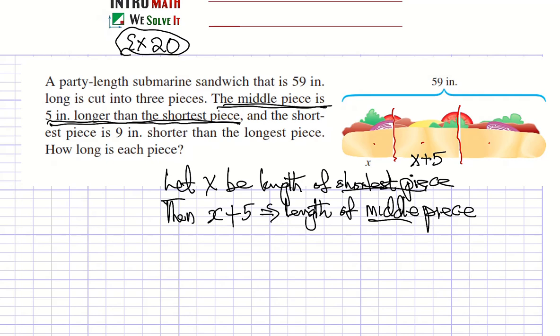And then what does it show about the other piece? The shortest piece is 9 inches shorter than the longest piece.